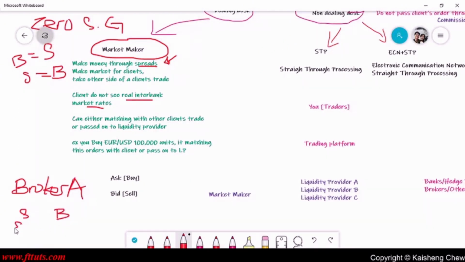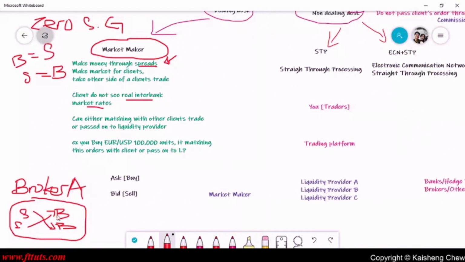So their system will find the price that will match this buyer and seller. They will match it. They will find the best price, the ask price and bid price that match this seller and buyer. So they are trading among themselves inside the platform.